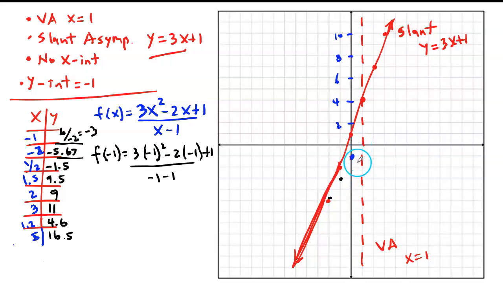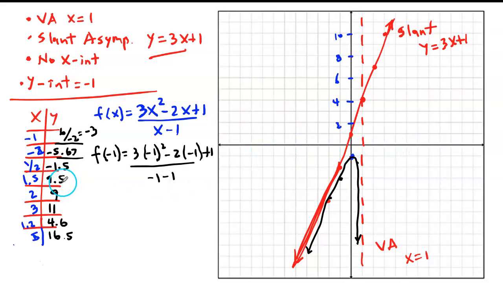If you see the trend, my graph will be here close to the asymptote, go over here, curve, and then go down, getting close to the asymptote. So most likely the rest of the graph is going to be in this corner between the two asymptotes, because remember there are no x-intercepts.